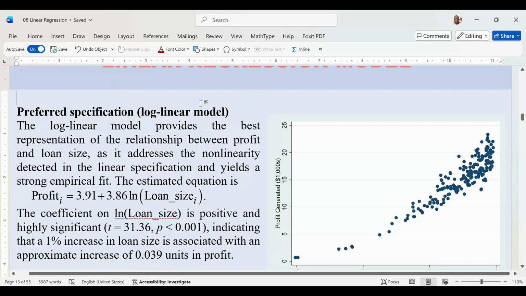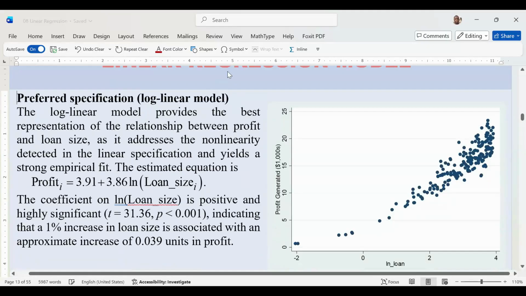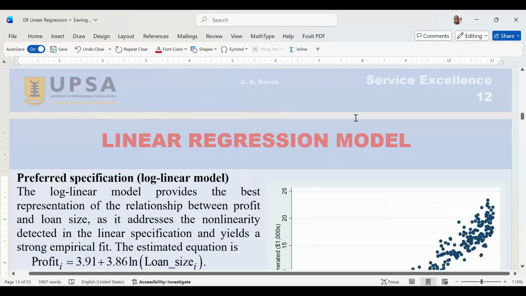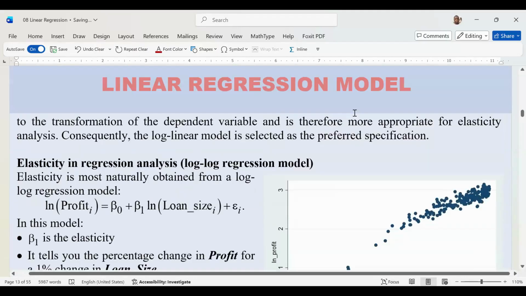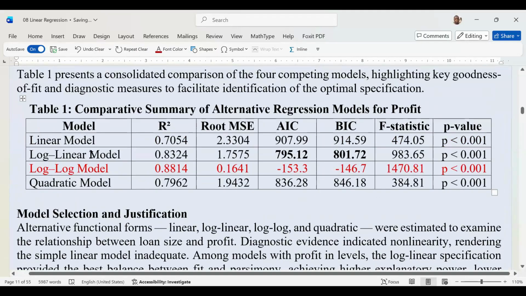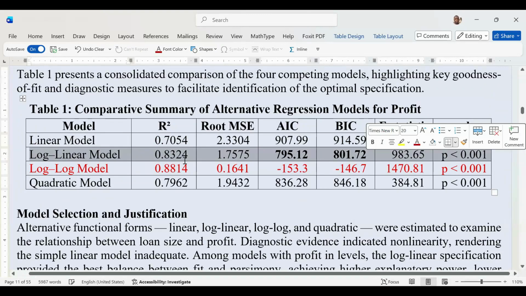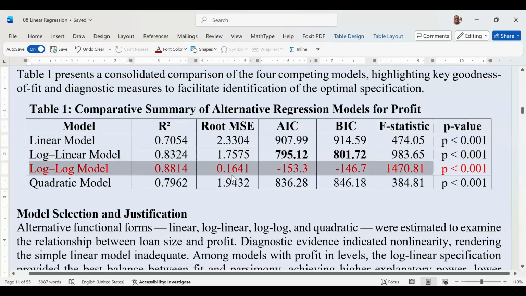And this is a log-linear model. The log-linear model was number 2 in our comparison. So you can either choose this one or the log-linear model. They are both good, but the best is the log-log model.